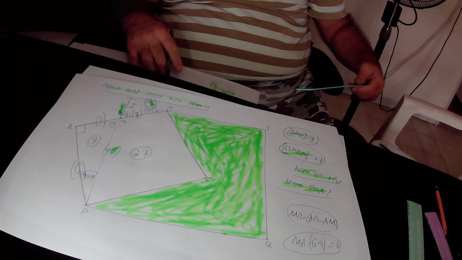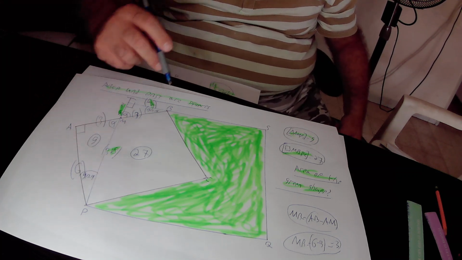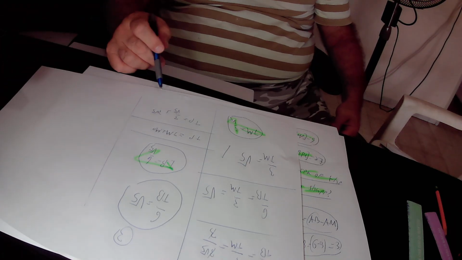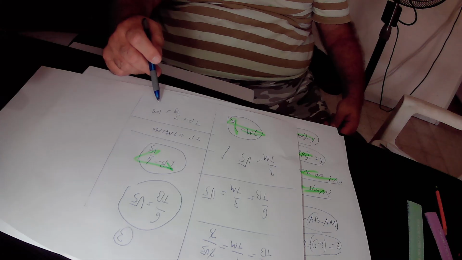So in total, we find that the length of side TP of square TSQP is equal to 3 over square root of 5 plus 3 times square root of 5.